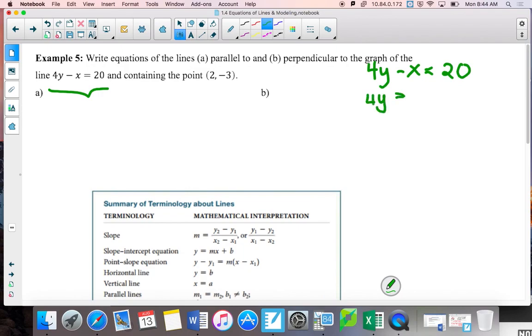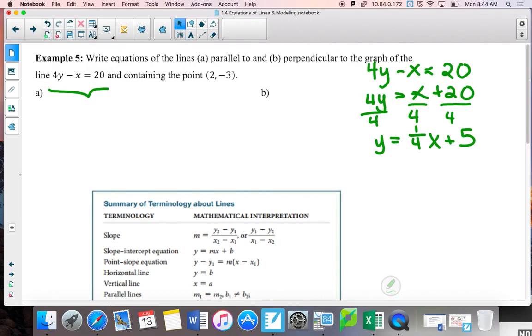Adding x, I'd have a positive x plus 20. Divide everything by 4. So y equals 1/4 x plus 5. So I know that the slope of this original line is 1/4.